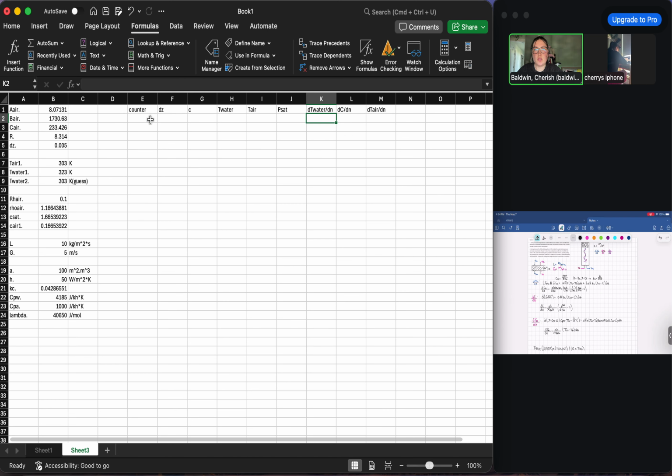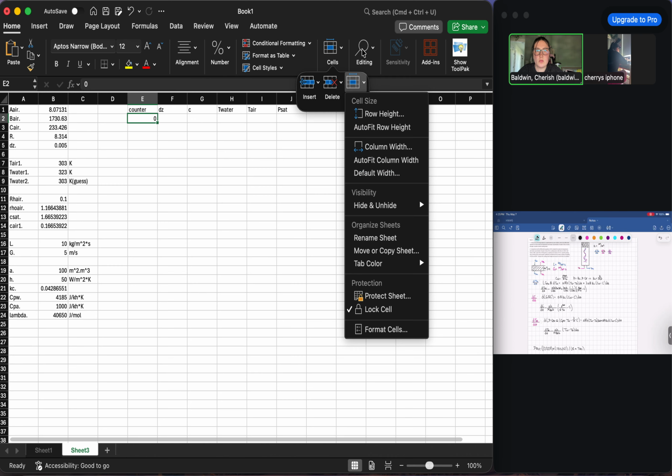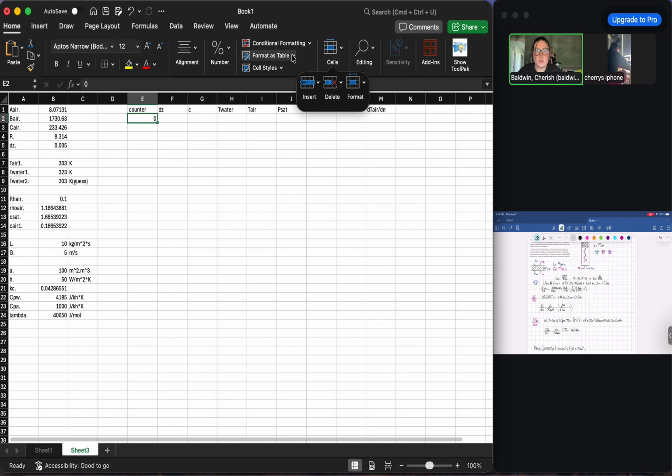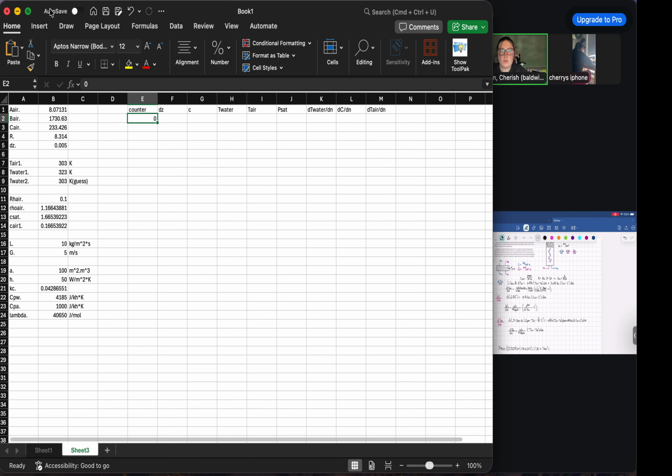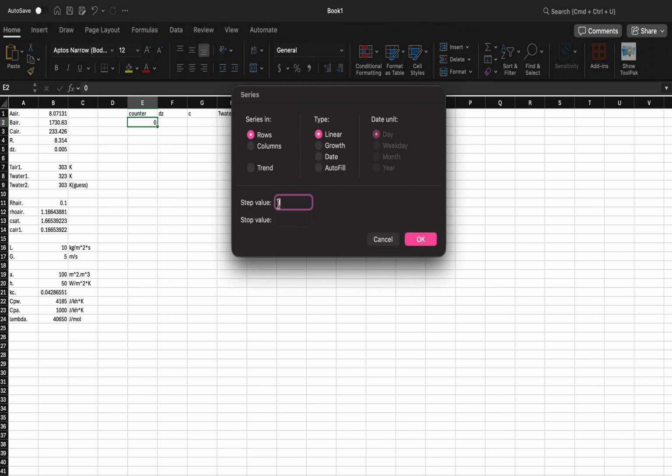Alright, so our counter goes from 0 series step value 1 all the way to 1,000.